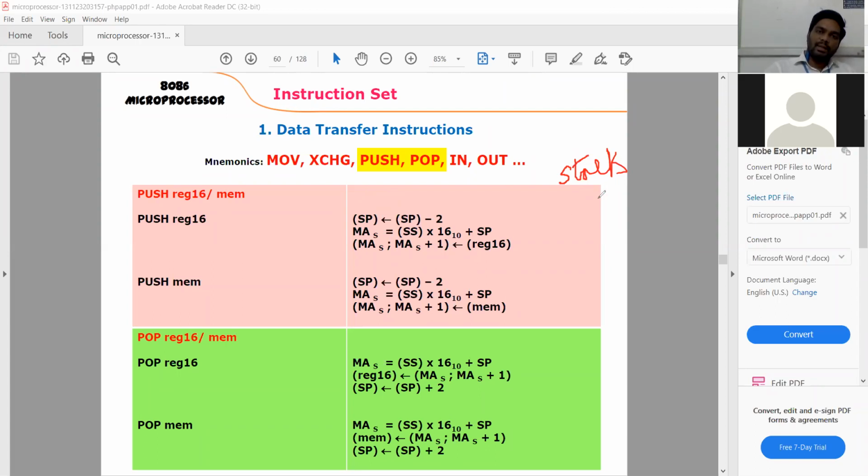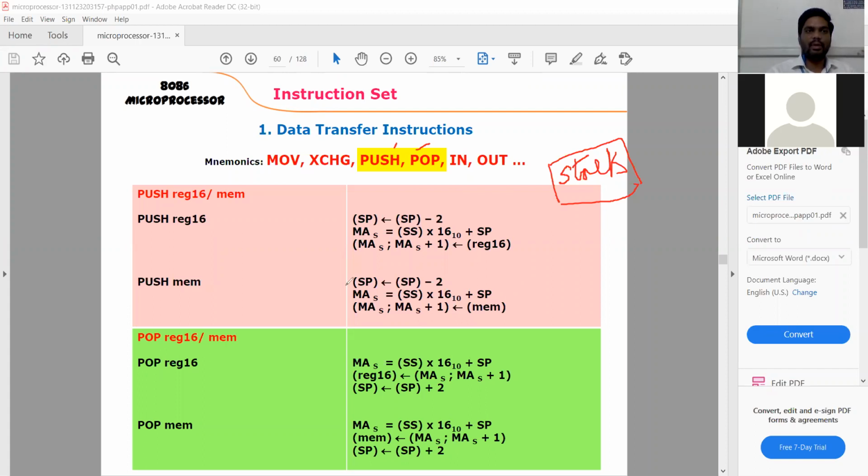In order to access that particular stack, we use these push and pop instructions. Apart from stack accessing, these instructions are nowhere used. Just keep it in mind. These push and pop instructions are used only to access the stack segment.